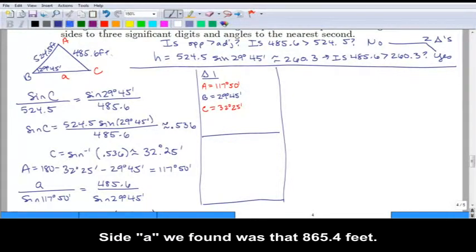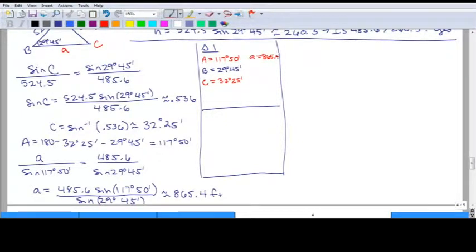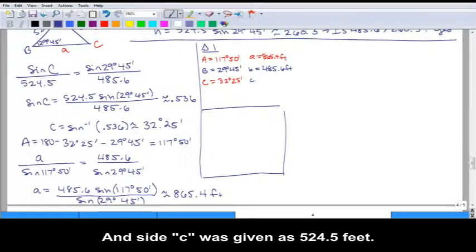Side A we found was 865.4 feet. Side B was given as 485.6 feet, and side C was given as 524.5 feet.